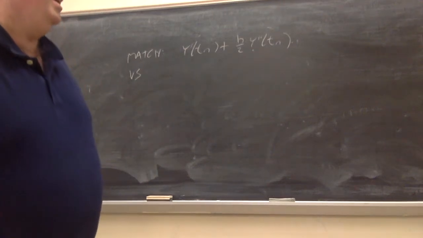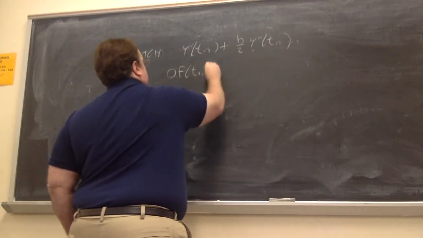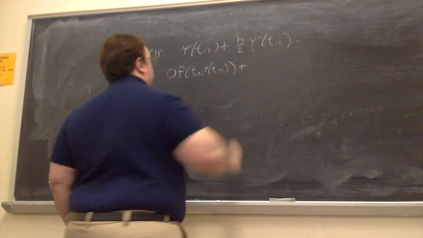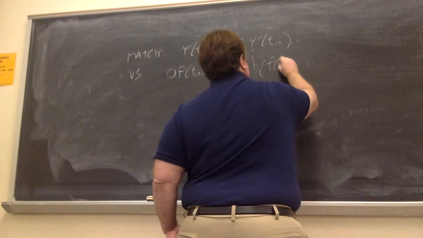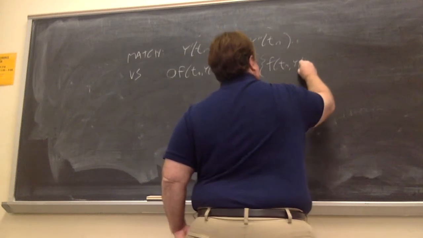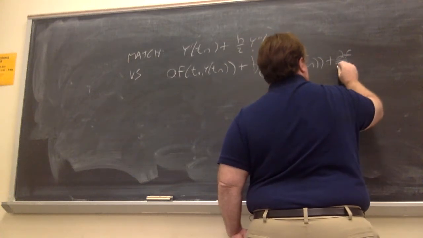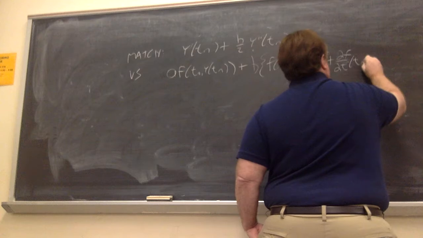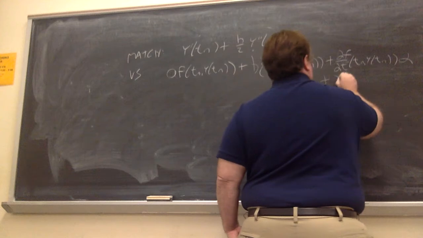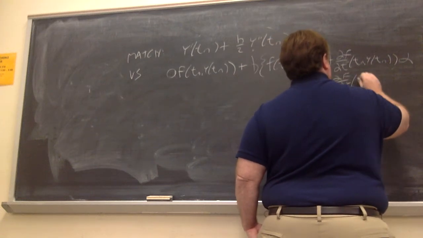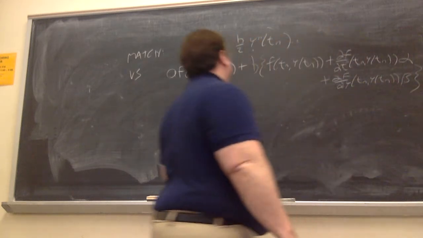And then down below, what I have is a f plus b f plus partial f with respect to t times alpha plus partial f with respect to y times beta. Okay.